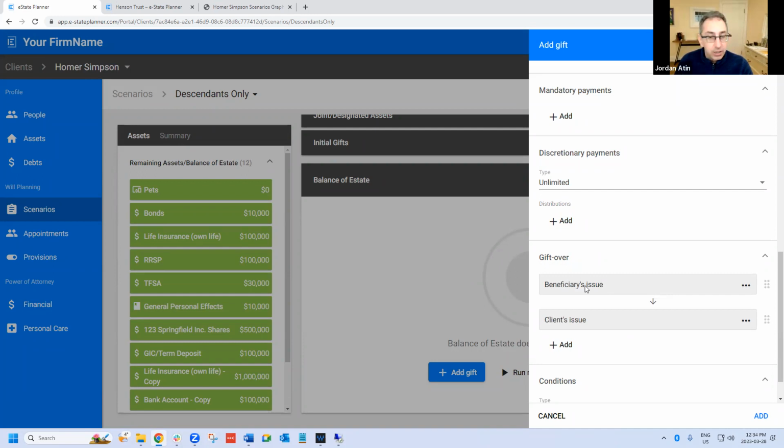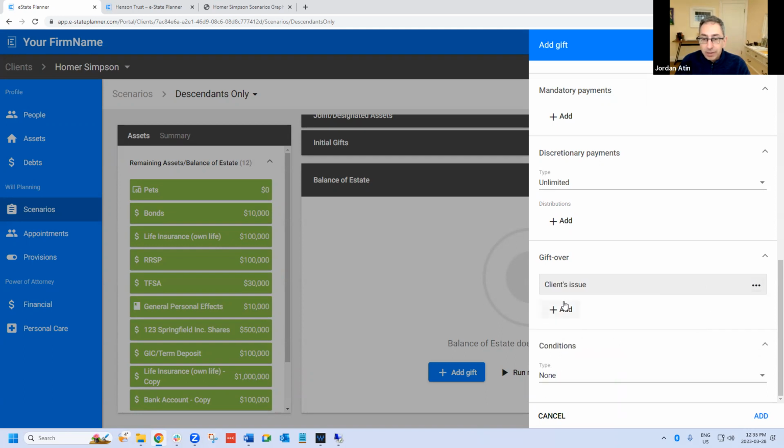This says, first it goes to Bart's descendants if he has any. And if he doesn't have any, then it goes to the client's issue. Okay. Whenever it's a gift over to issue, that's a per stirpes distribution, right? It makes sense. You wouldn't want a per capita distribution for issue. Okay. So order is very important.